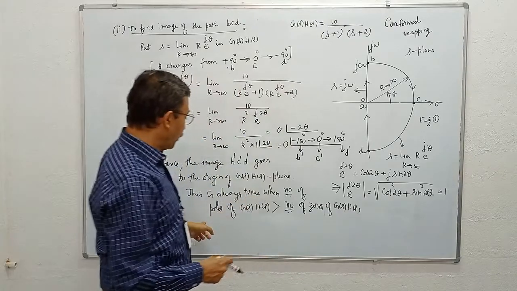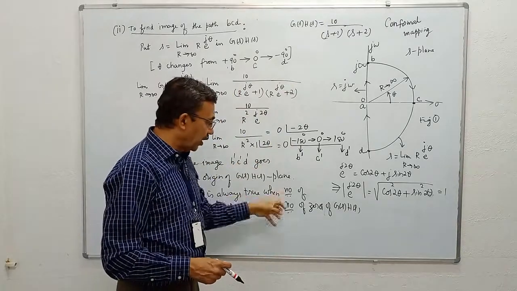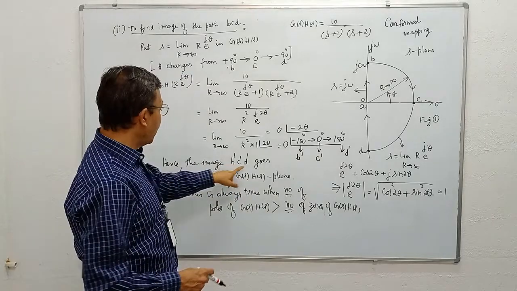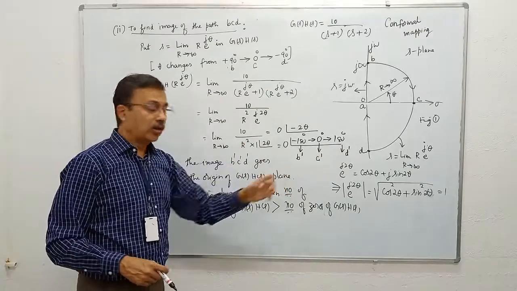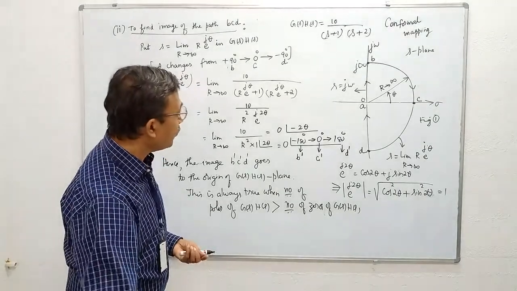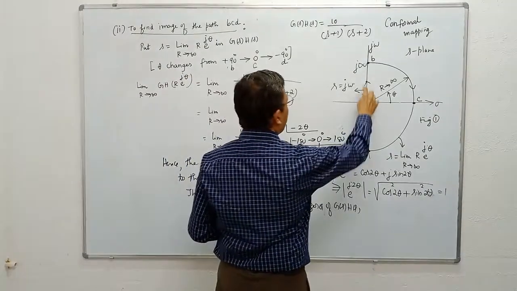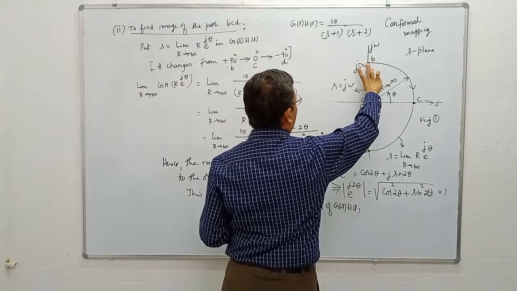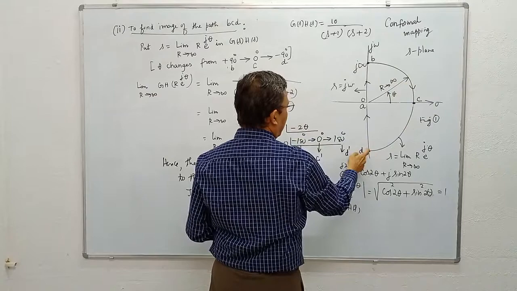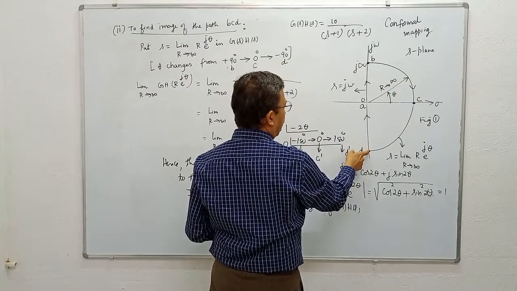Whenever the number of poles of G of S, H of S is greater than the number of zeros, the image B dash, C dash, D dash will invariably go to the origin of the G of S, H of S plane. So we started off at A, we went to B, we covered this segment AB, then along this contour we have reached point D. Remaining is the straight line from D to A.